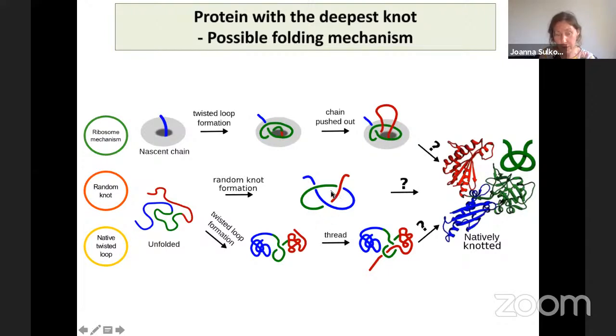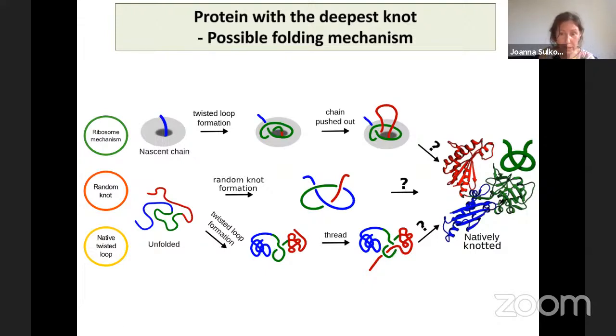Because in both these cases, in the random knot, you still need some external force to push the termini across the loop, and thermal fluctuations are probably not sufficient. And in this case, when you have such long termini, it's probably hard to imagine that this mechanism will work.